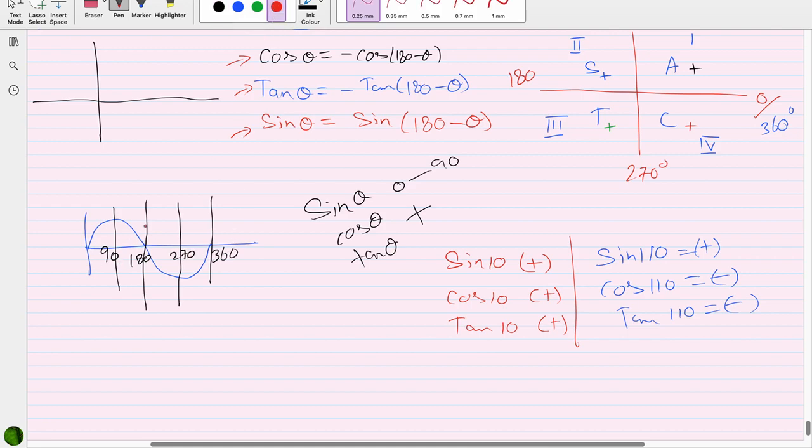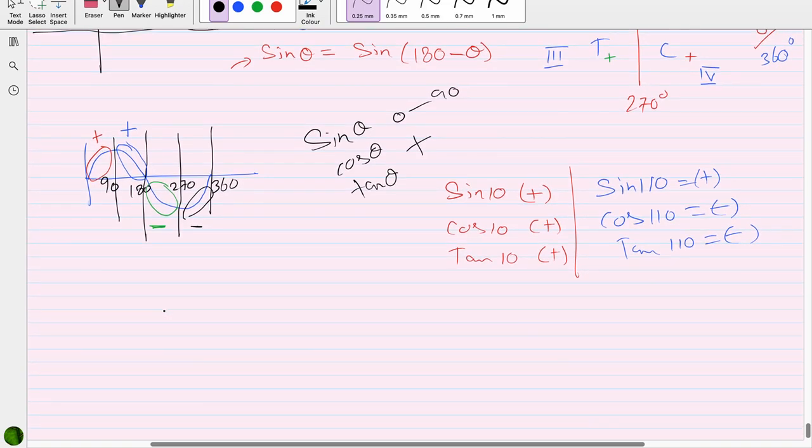In the first quadrant, from 0 to 90, sine theta is positive. In the second quadrant, from 90 to 180, sine theta is still positive. In the third quadrant, from 180 to 270, sine is negative, and in the fourth quadrant, from 270 to 360, sine is negative. So sine is positive in the first two quadrants and negative in the second two.